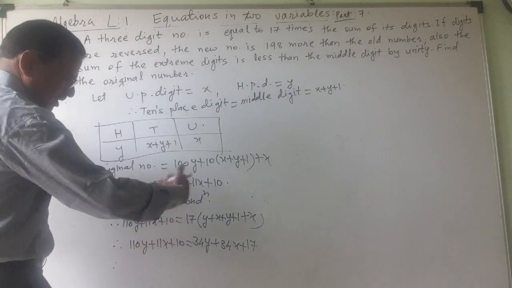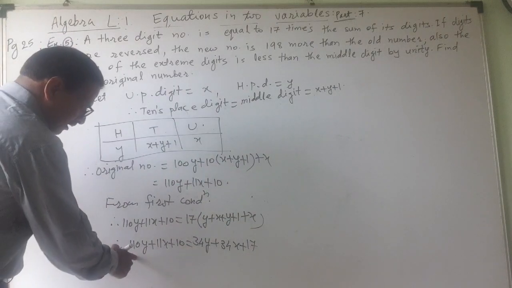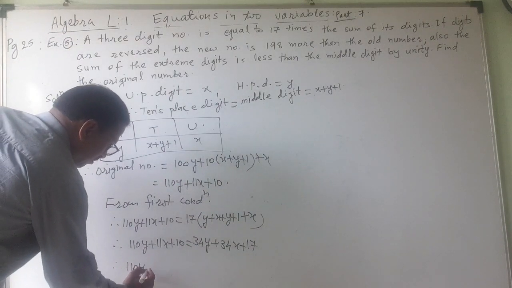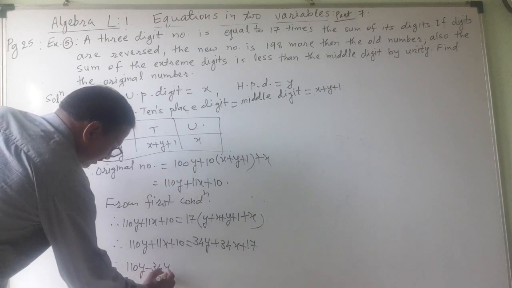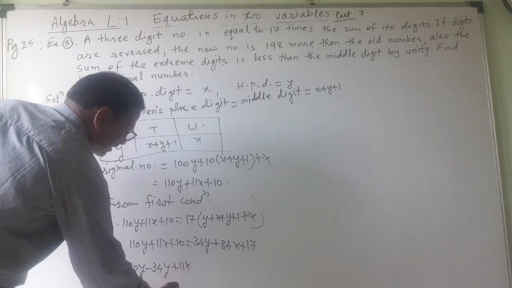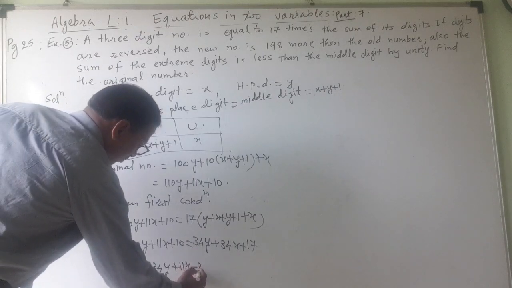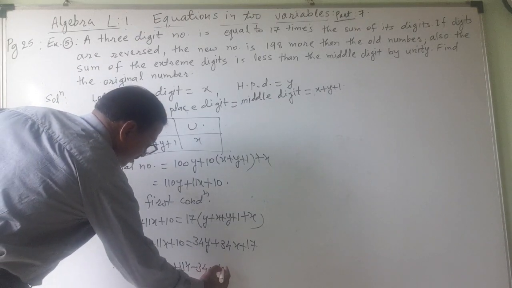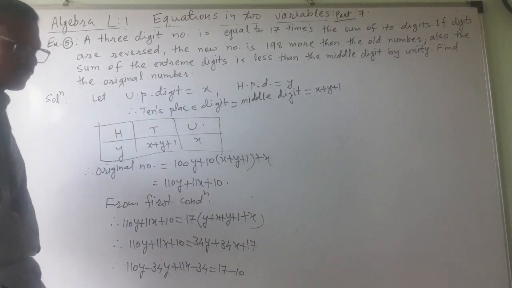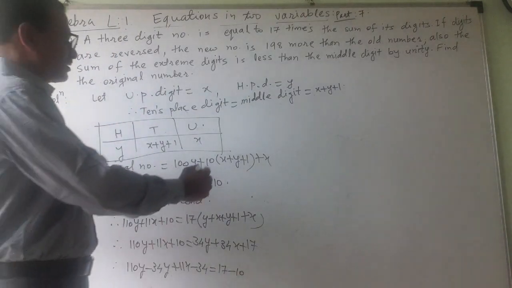The variable terms go here, and the numbers will go there. This 110y minus 34y plus 11x minus 34x is equal to 17 minus 10. Hope that you understand this.